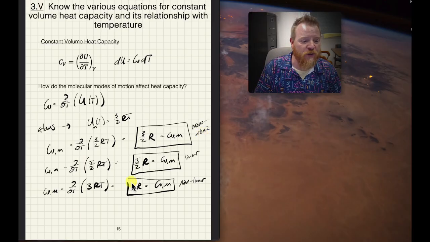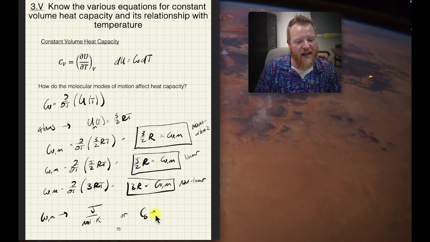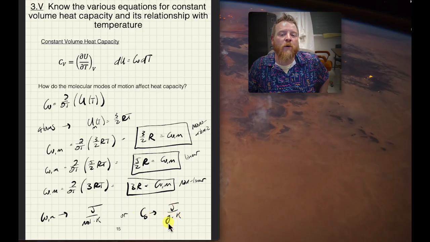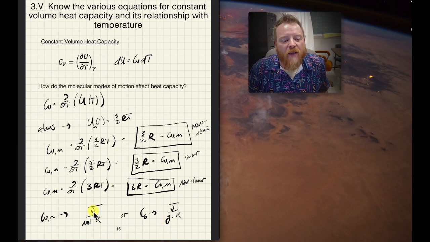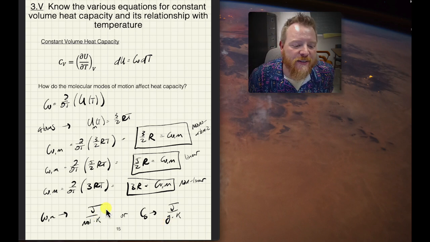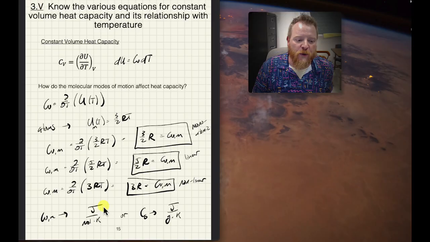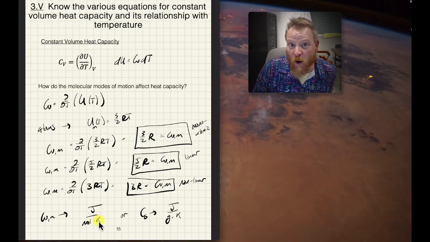If we look at the unit of CVM, it's joules per mole per Kelvin, or for CS, it's joules per gram per Kelvin. So in other words, that is how much heat something can absorb to increase 1 mole by 1 degree Kelvin.